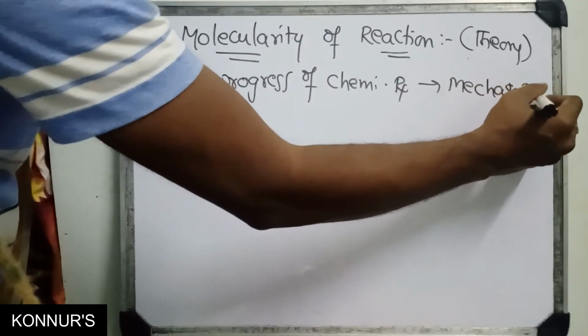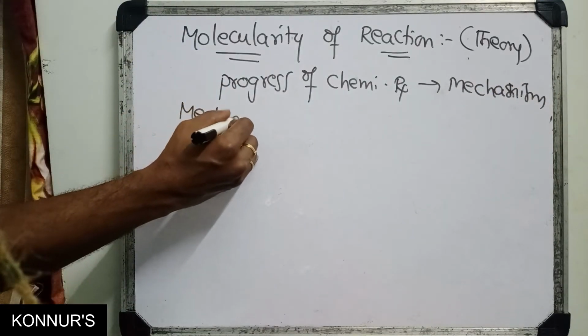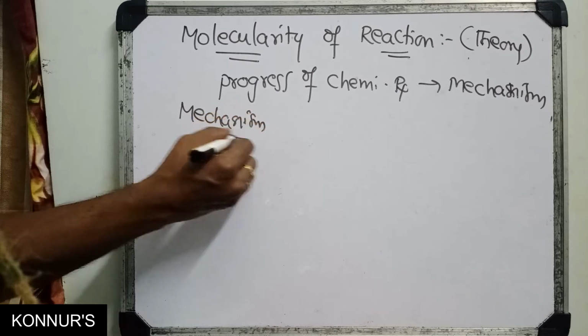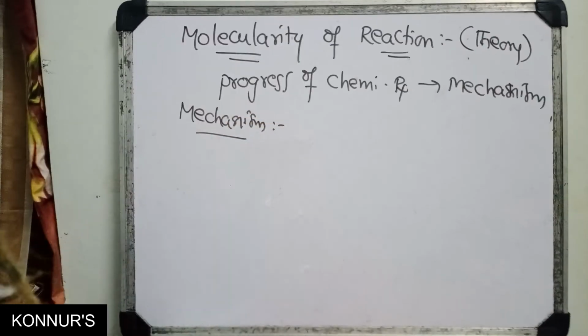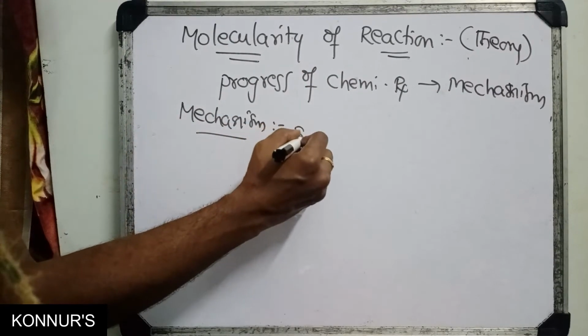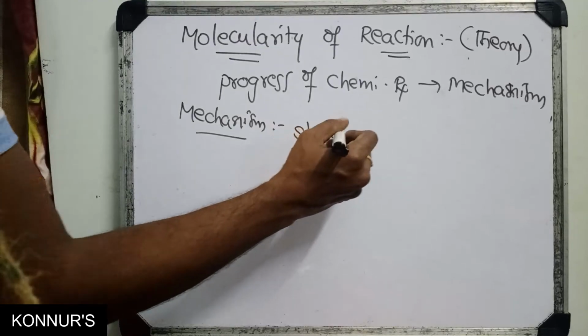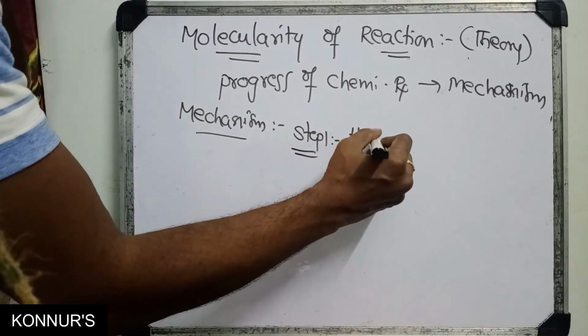So what is a mechanism? Mechanism means how the reaction takes place, that is explained. Here many steps are there, mainly three steps. Step 1: how reactants react with each other.